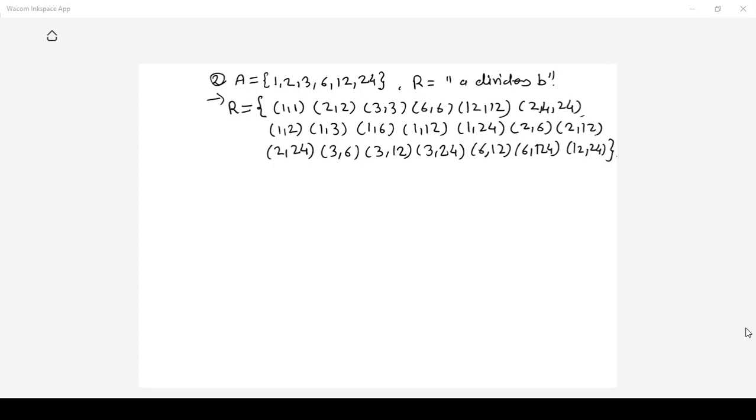Now I have to represent this in a Hasse diagram. So for the Hasse diagram, step 1 says always draw in upward direction. That is fine. The second step, which is very important, says we should remove the self loops: 1 comma 1, 2 comma 2, 3 comma 3, 6 comma 6, 12 comma 12, 24 comma 24.